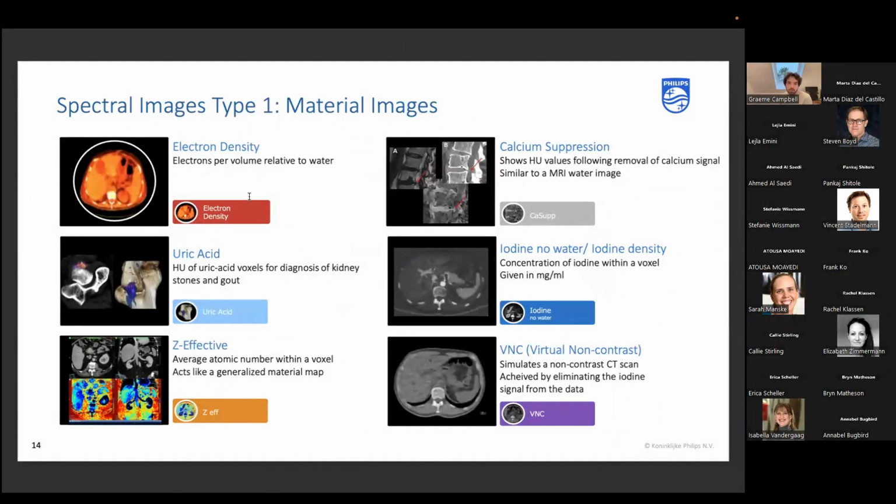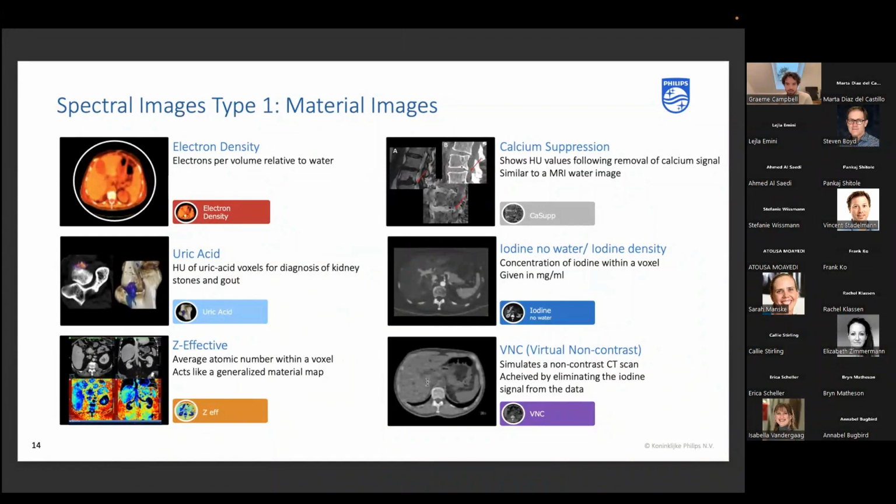There are a number of material images, first of all. I alluded a bit to the iodine. We can show the concentration of iodine, so actually an iodine map where every pixel shows the concentration of iodine in milligrams per milliliter. We can do the reverse of that. We can remove the iodine signal and look at how the image would look without iodine.